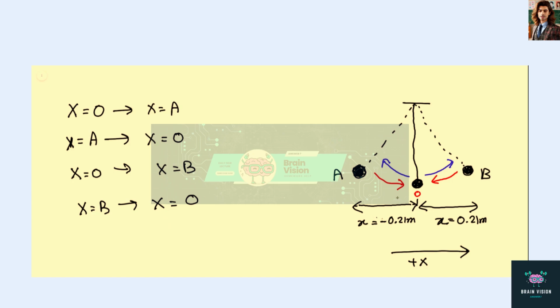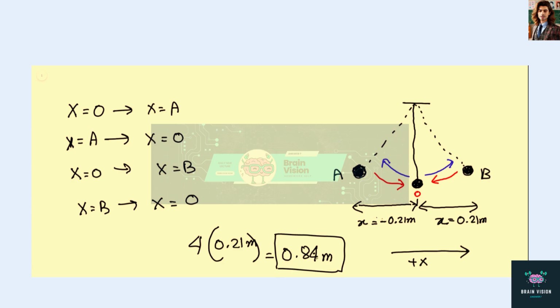So the total distance will be 4 times 0.21, which is the distance from O to B or O to A. So the total distance will be 4 times A, or O to A, which is 0.21 meter, which is 0.84 meter in total. So that means for one period, the pendulum will travel 0.84 meter.